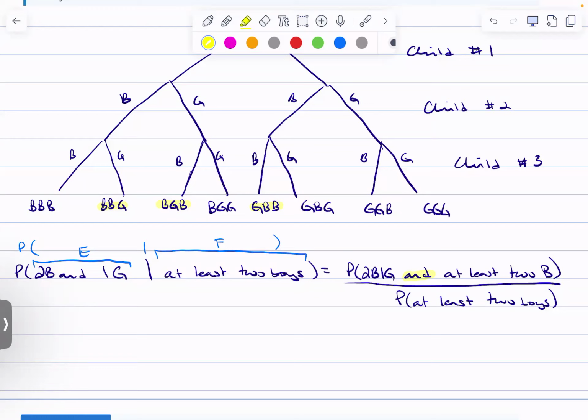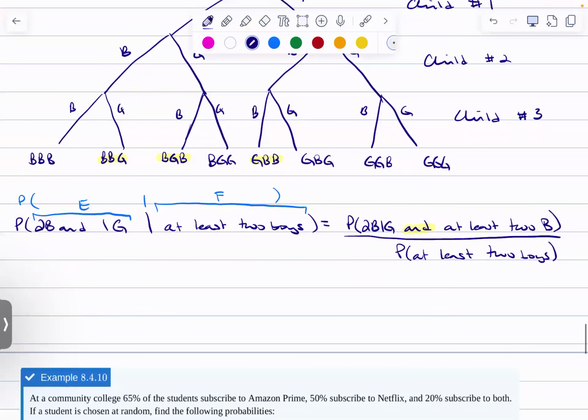Because it has to be the overlap of at least 2 boys. So I'm seeing 3 out of 8 that are satisfying this criteria. So I get 3 out of 8.